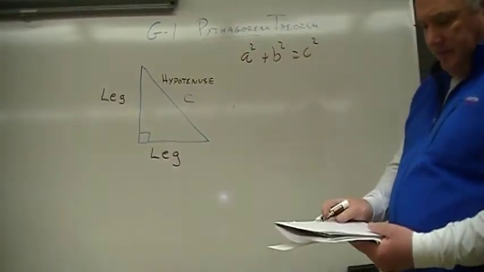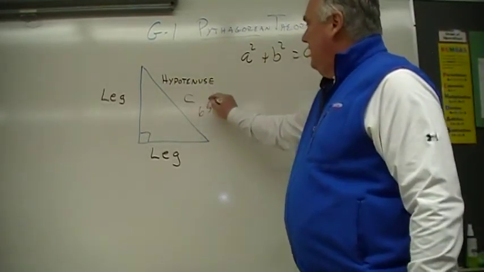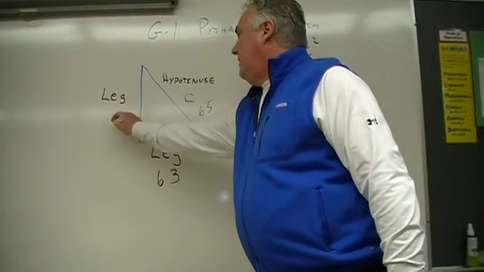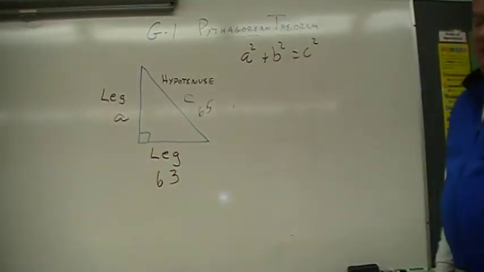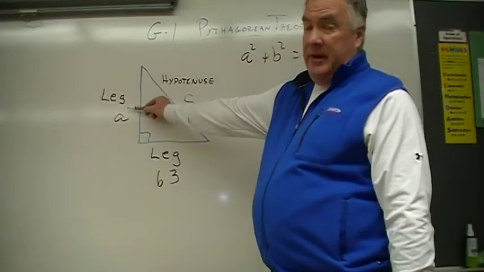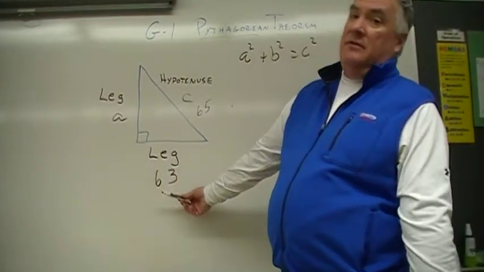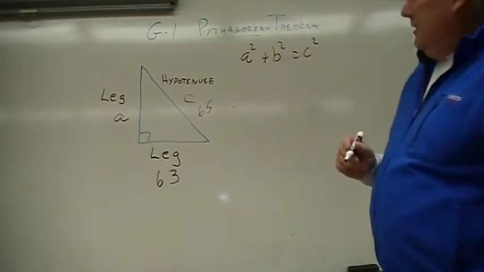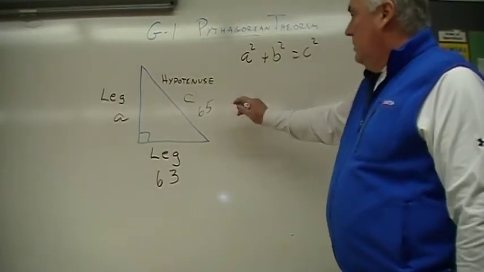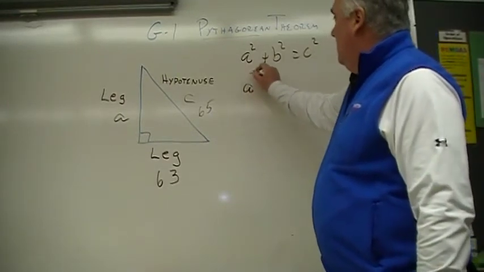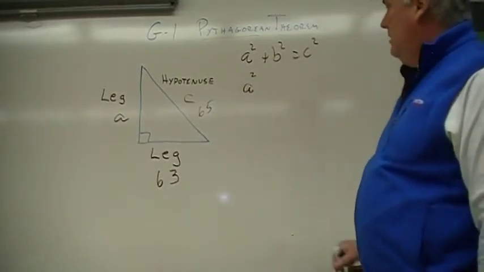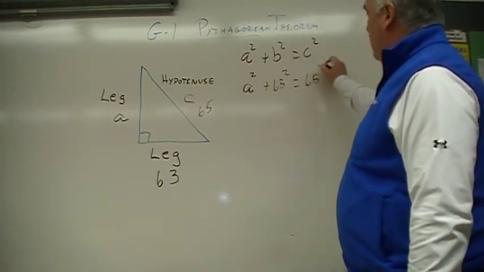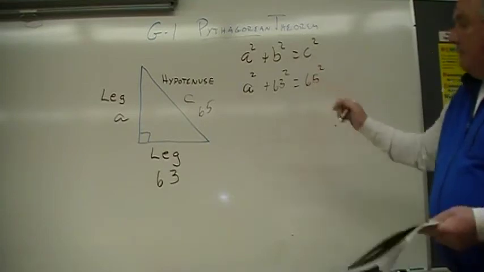Second teaching problem. If the hypotenuse is 65 and one of the legs is 63, what's the other leg going to be? You could have put 63 here and solved for this leg, and you could have called this leg A if you want. We're just missing a leg. So, A squared plus 63 squared equals 65 squared.